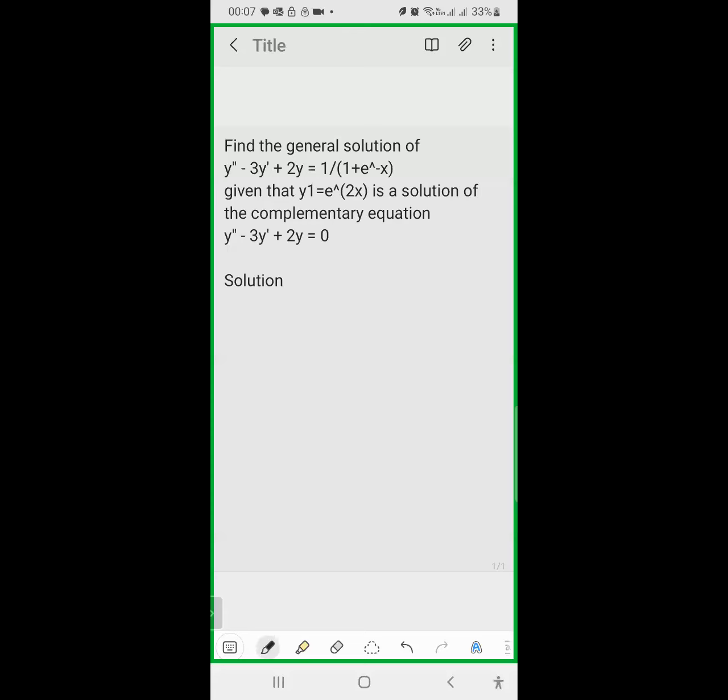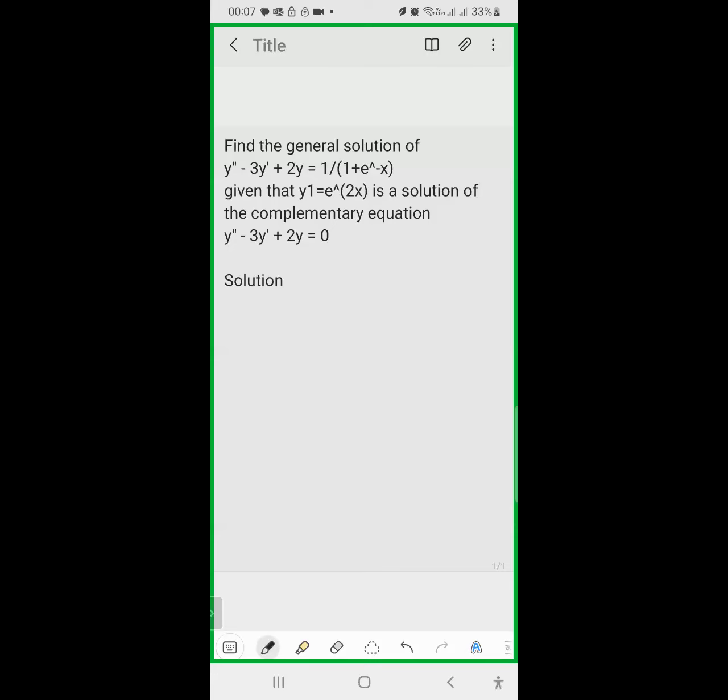Given that our first solution, y1 of x is equal to e to the power 2x, is a solution of the complementary equation y second derivative minus 3y derivative plus 2y is equal to 0.